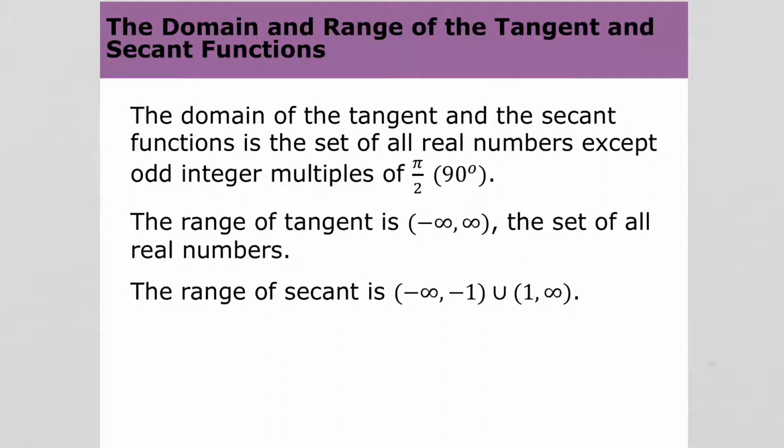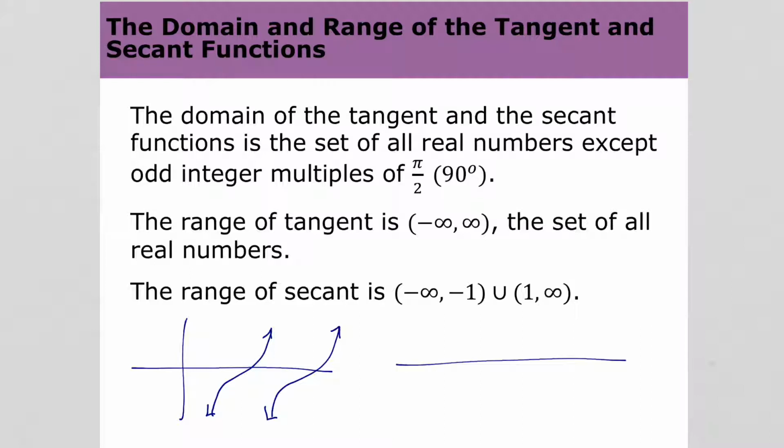Tangent and the secant functions. So tangent and cotangent look something like this, except cotangent goes the other way. So the range in these is negative infinity to infinity. Cosecant and secant look something like this.